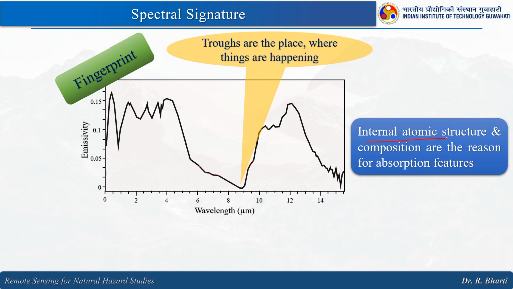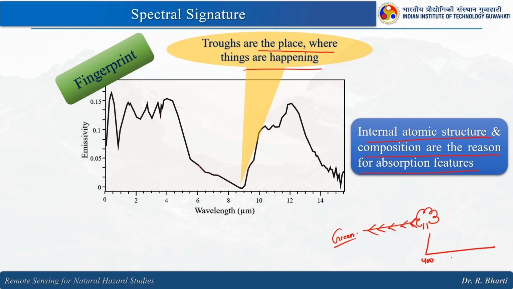Internal atomic structure and composition are the reason for absorption features, and troughs are the places where things are happening. Remember, I told you if there is a tree, why does it appear to us as green? Because green color is reflected, right. Other wavelengths are not reflected compared to this green.